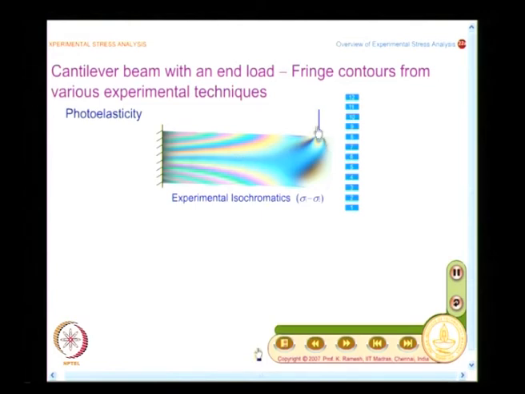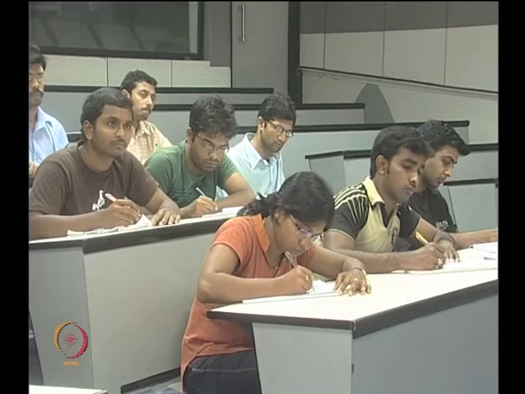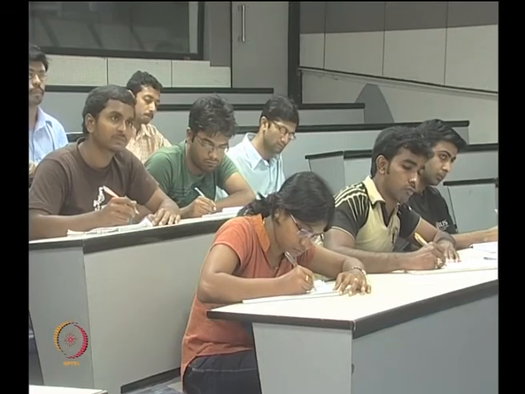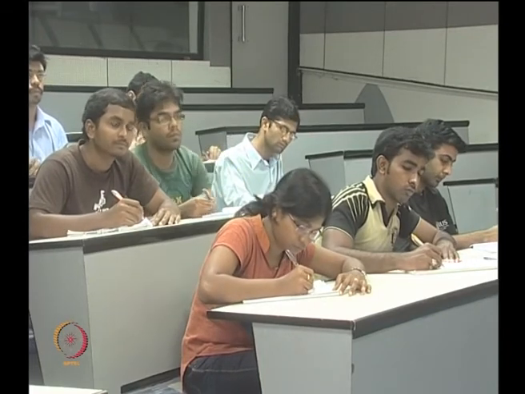And this is the load application point where you have fringes concentrated, and this is the clamped end, and this is how you get experimental isochromatics. So, experimental isochromatics are different from what you have seen in the case of beam under 4-point bending, and naturally the displacement contours are going to be still more complicated.